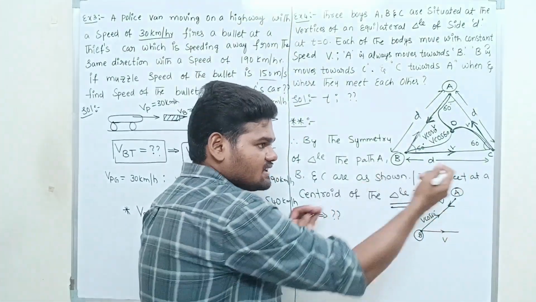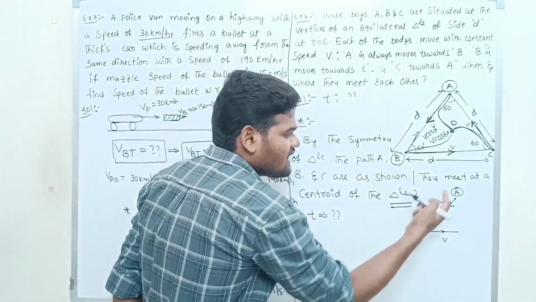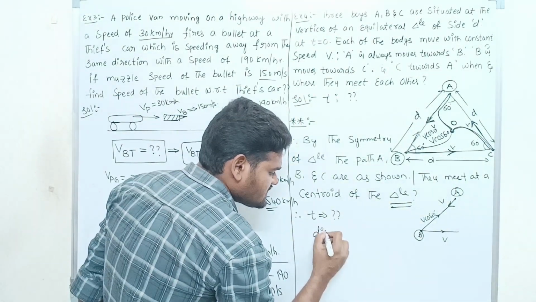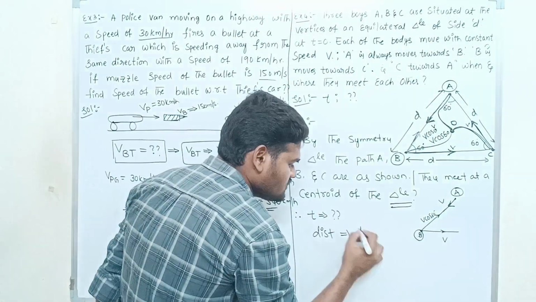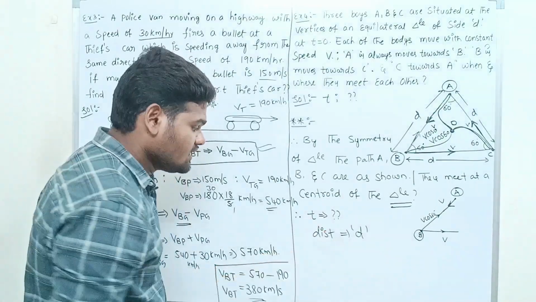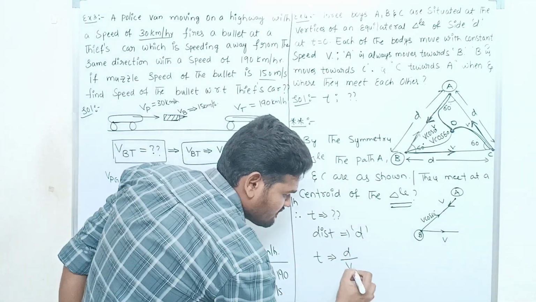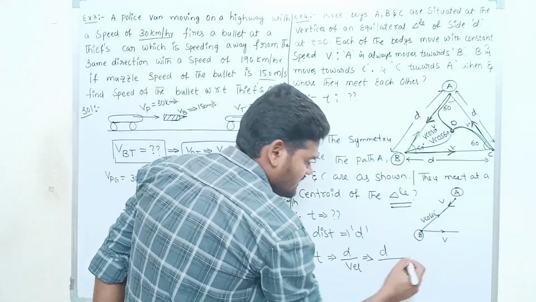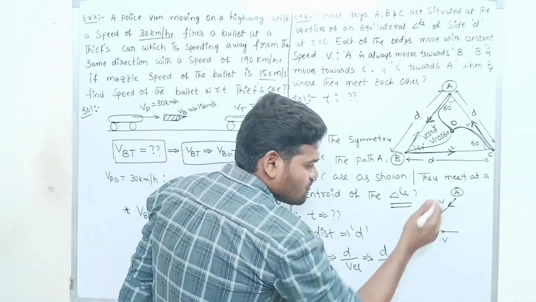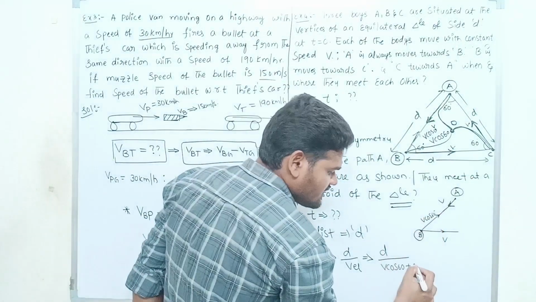Now they meet each other. So what is the distance traveled by the B and A person when they meet? It is equal to D. We have to find the time. So time t is equal to distance by velocity. The distance is d. The velocity of B is v cos 60, the velocity of A is v.